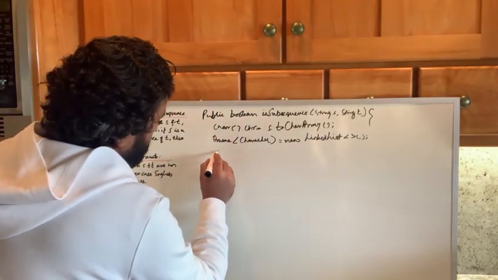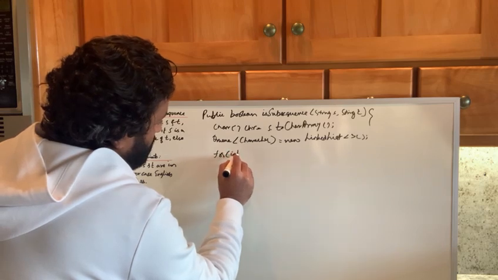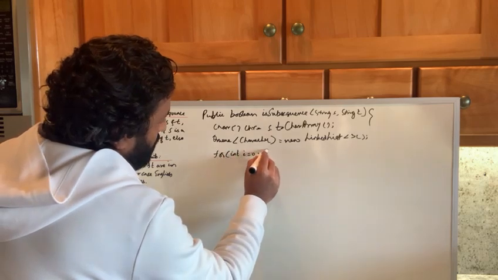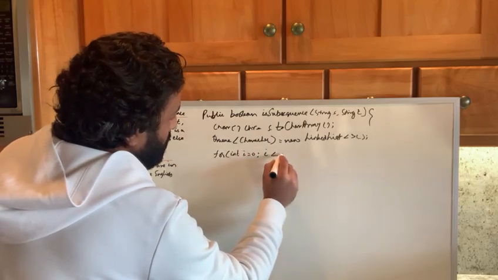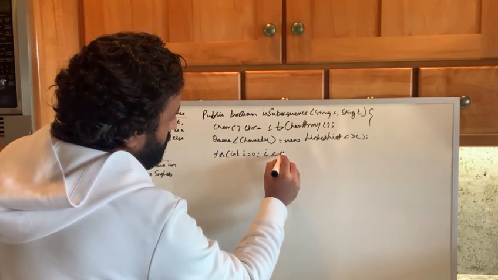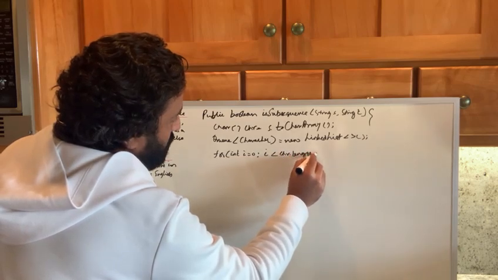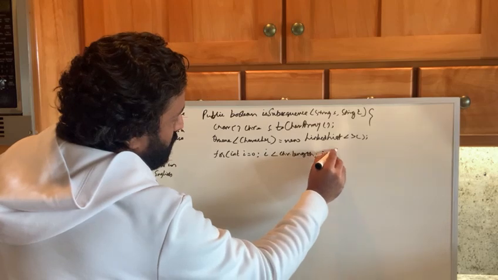And we're going to iterate for int i is equal to 0, i less than chr.length, i plus plus.